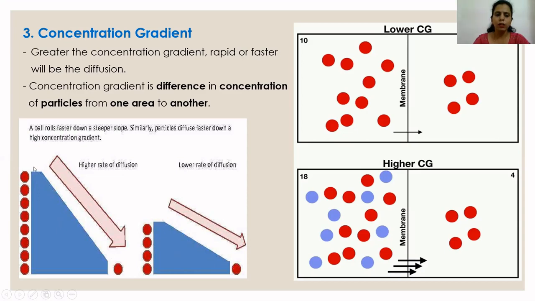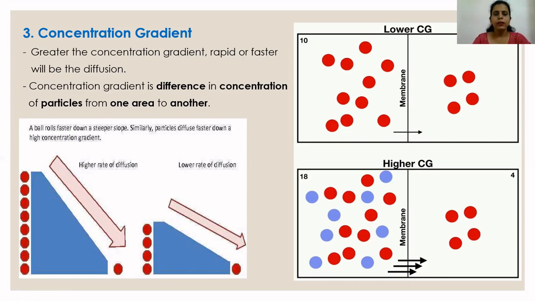So if we roll a ball from the first slope, it will come down at faster rate compared to the ball which will roll down from the second slope. So if concentration gradient is more steep, the rate of diffusion will be higher compared to when concentration gradient is less steep or concentration gradient is less.